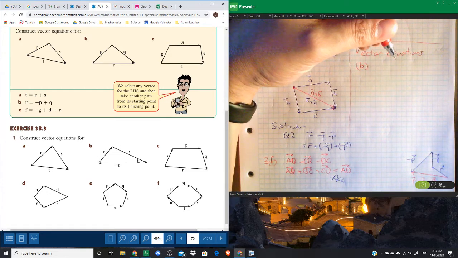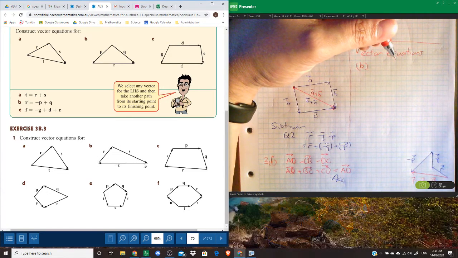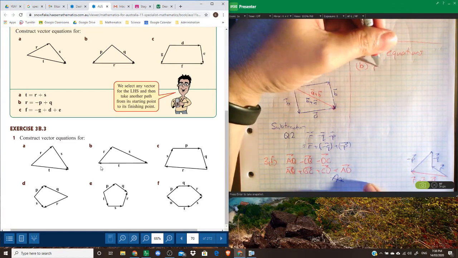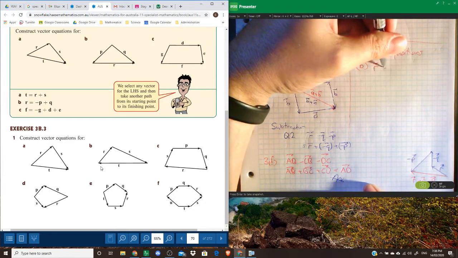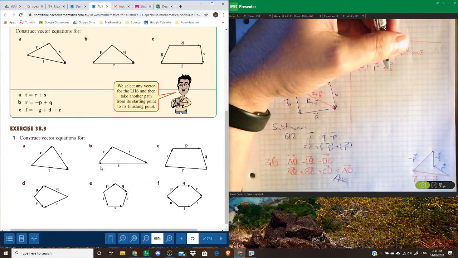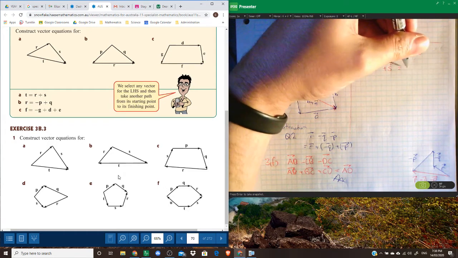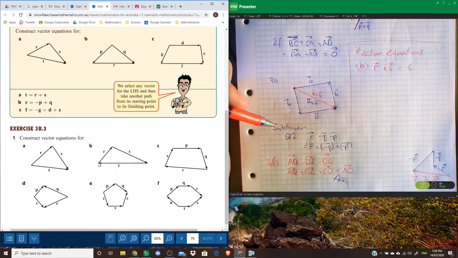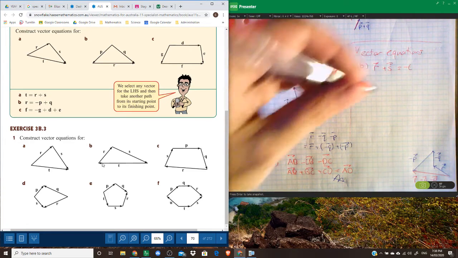Here's an example of what I was thinking of before. Two ways I can think about that. If I go R plus S, like that, well, that takes me in the opposite direction of T, so I can write that as minus T. Another way, if you do have a closed object, and you follow the directions and it takes you in a full path through, you could say that R plus S plus T equals 0.